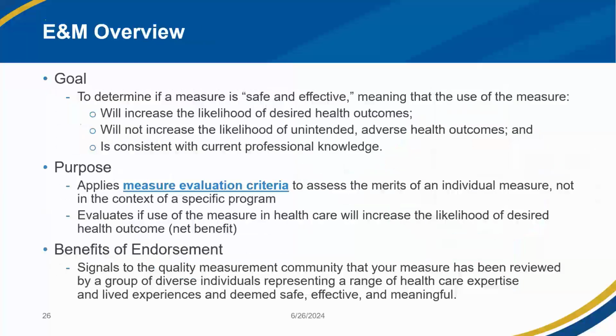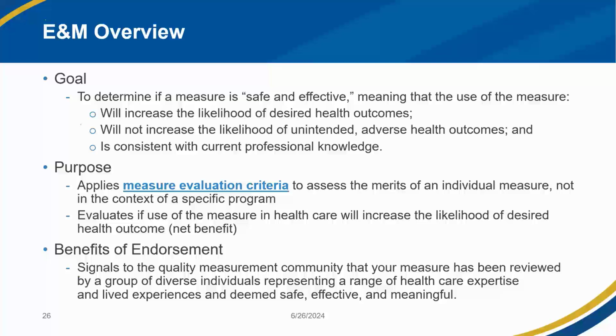The ultimate goal of E&M is to determine if a measure is safe and effective, meaning that the use of the measure will increase the likelihood of a desired health outcome, will not increase the likelihood of unintended adverse health outcomes, and is consistent with current professional knowledge.